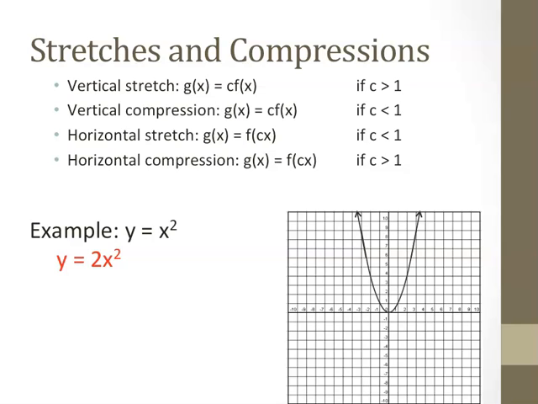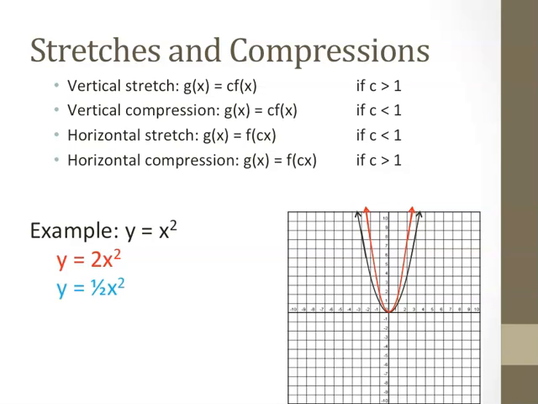So we want to stretch it enough so that it goes through (2, 8). And so really all you're doing is taking each point from the original parent function and multiplying the y coordinate of each point by 2. So it ends up stretching by a factor of 2.